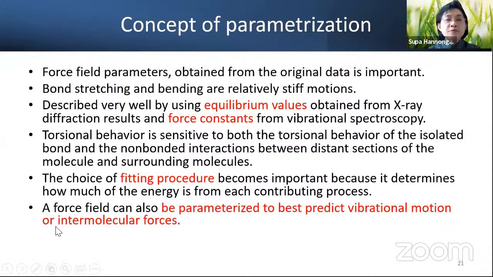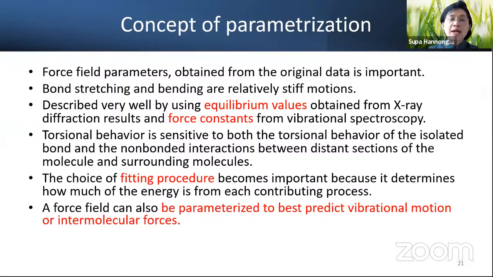So we need the fitting equation to make the prediction of the force constant very efficient or very precise. And at the end, the force field can also be parameterized to predict the vibrational motion or the intermolecular force. If you remember, modeling and computer calculation is the prediction of reality. That means if our method is good, we can predict the real world. Okay.